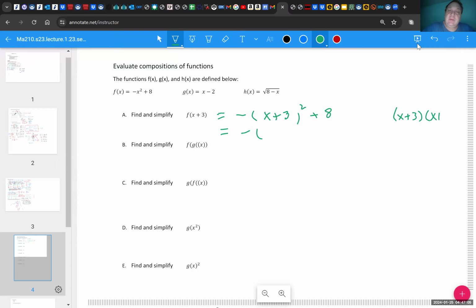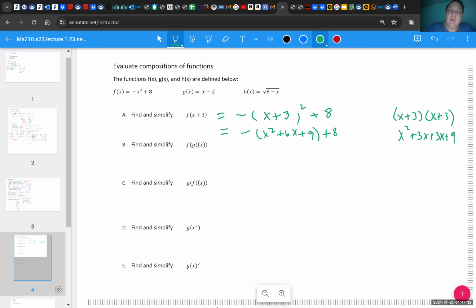You do have to multiply it out or FOIL it out, or whatever method you learned in computing binomials multiplied out. So this is x squared plus 3x plus 3x plus 9. And so this ends up being x squared plus 6x plus 9 once you combine the two 3x's together.